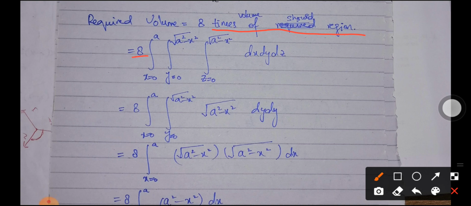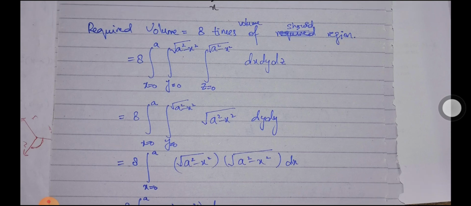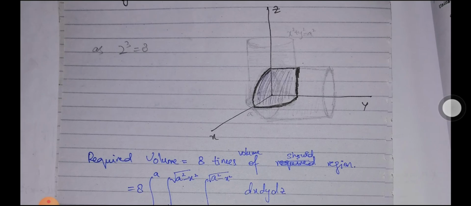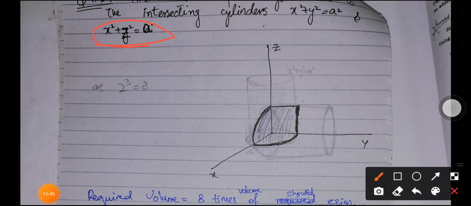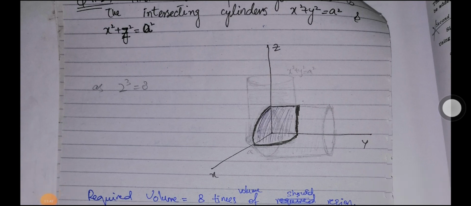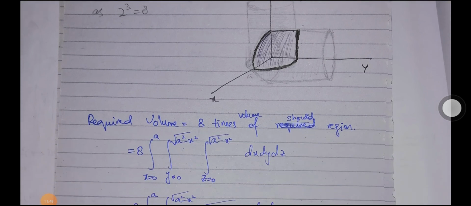How can we evaluate the volume? Obviously we are going to integrate with respect to x, y and z, and x and z are related by the equation x square plus z square is equal to a square. So we can evaluate z in terms of x from this equation, that is z is equal to square root of a square minus x square.